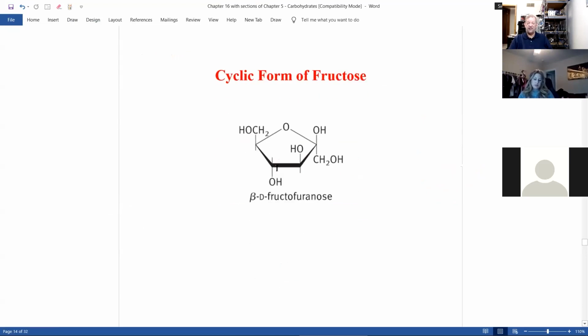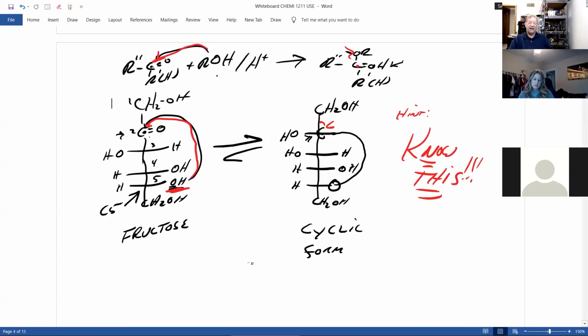Which is easier to draw? The Haworth structure, where it says beta D fructofuranose, or Dr. White's make it easy for the student structure. I hope you all think Dr. White's make it easy for the student structure.